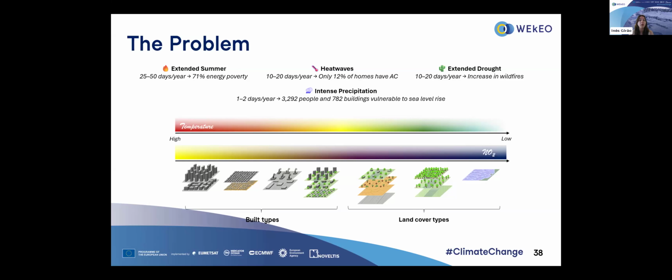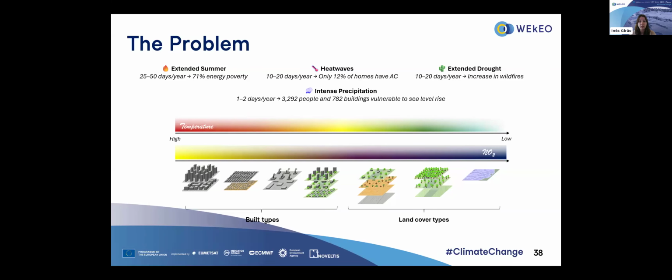So as expected, we see compact urban forms that tend to trap more heat and accumulate more pollution, while vegetated open surfaces help mitigate both of them. So this is to illustrate how urban morphology directly shapes exposure.